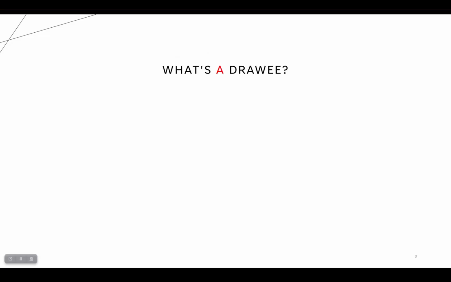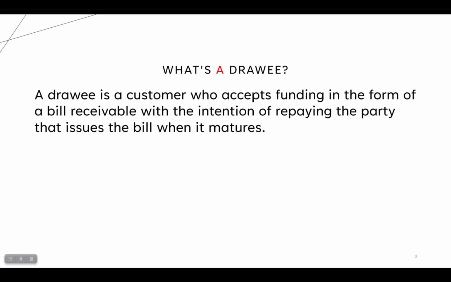What is a drawee? There is one step to define the customer-side purpose, drawee. What is that? It's a customer who accepts the funding in the form of bill receivables, with the intention of repaying the party that issues the bill when it matures. What does it mean? There is one setup in the customer definition where you need to define a site purpose as drawee.